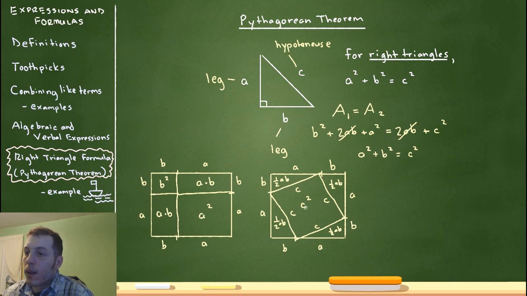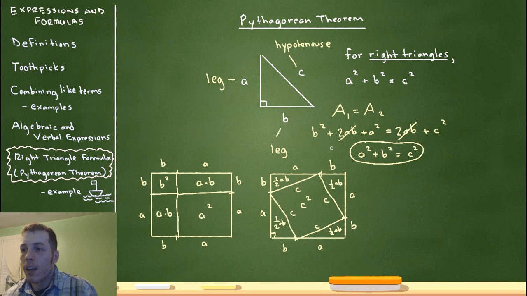And if you notice how I labeled my triangles here, we have right triangles. So A is a leg, B is a leg, and C is the hypotenuse. And we have this relationship, a squared plus b squared is equal to c squared, between those three variables.